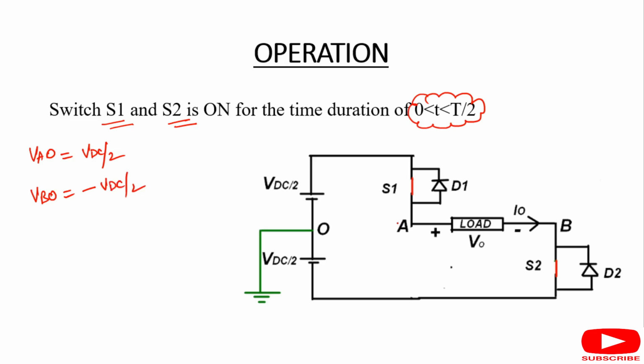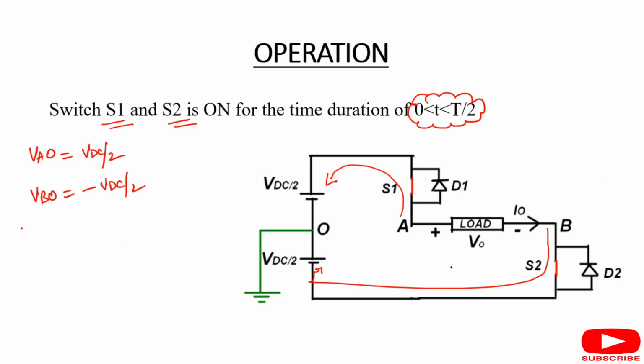Why? Because for the pole voltage VAO, the point A is connected directly with the positive terminal, and for VBO, the point B is connected directly to the negative terminal. So that's why VAO is positive VDC by 2 and VBO is minus VDC by 2.